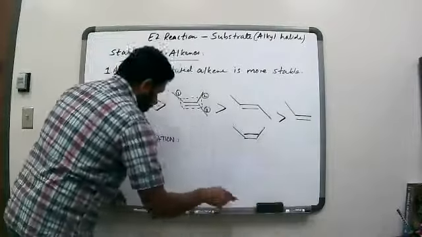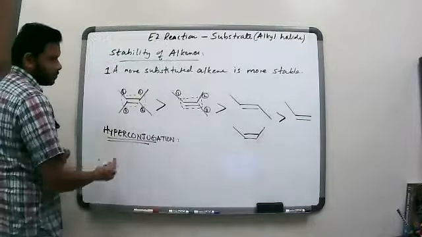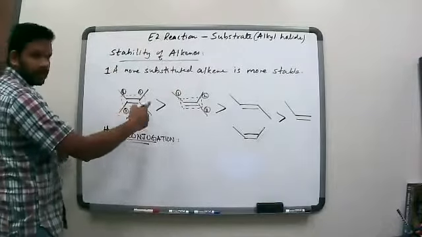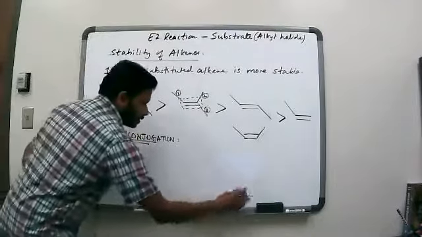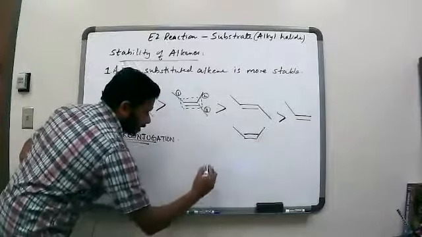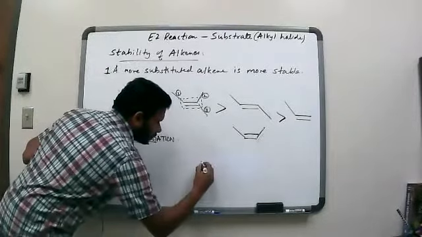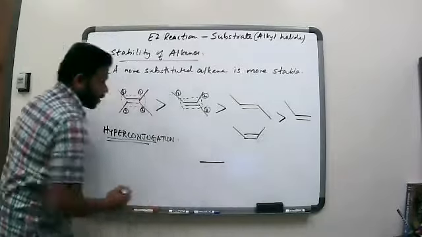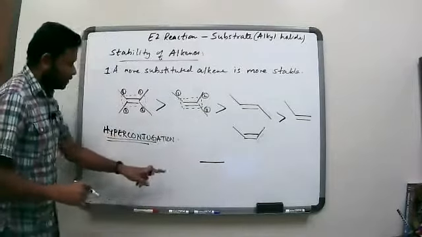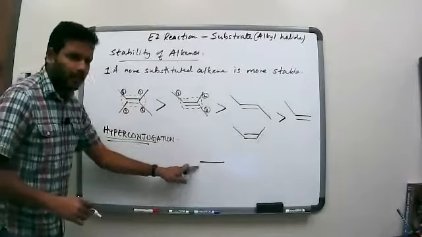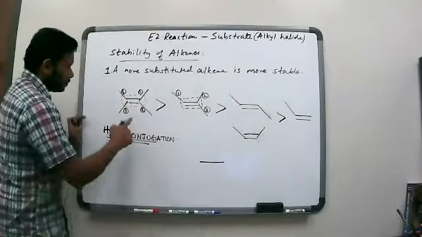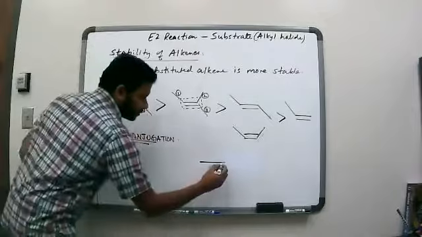Okay? So essentially, for a tetrasubstituted alkene, if I were to draw this slightly differently, these are the two carbons which are double bonded to each other. And then there are four substituents on them.